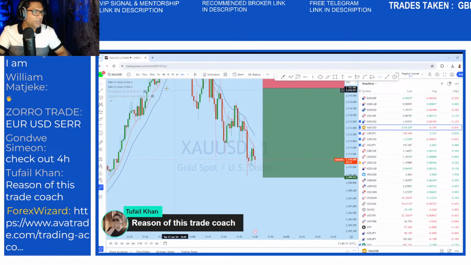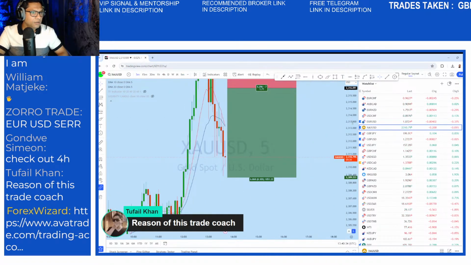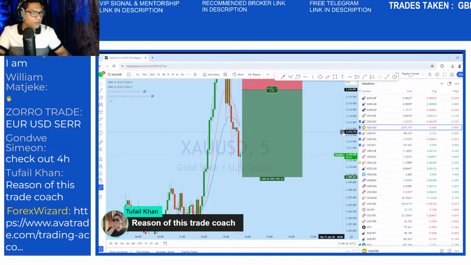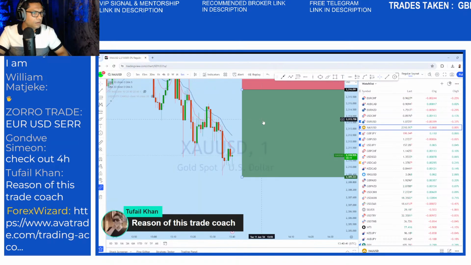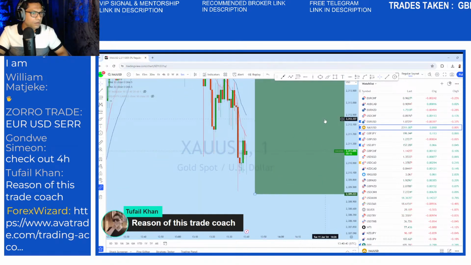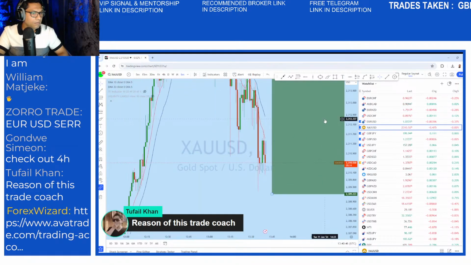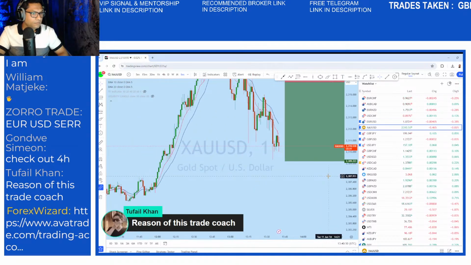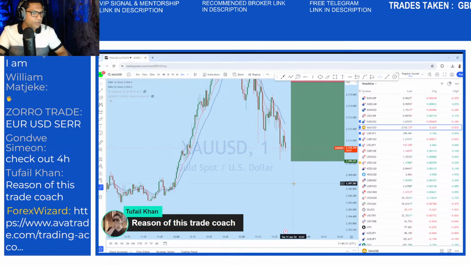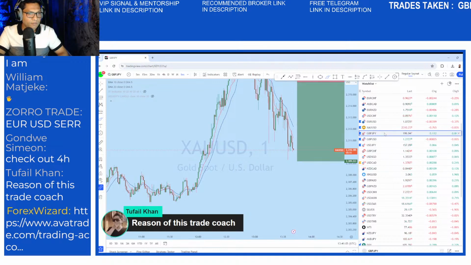Here you can see gold is still trending in that direction. It might just drop back below to this liquidity zone before bouncing up, so there is still probability for downside.